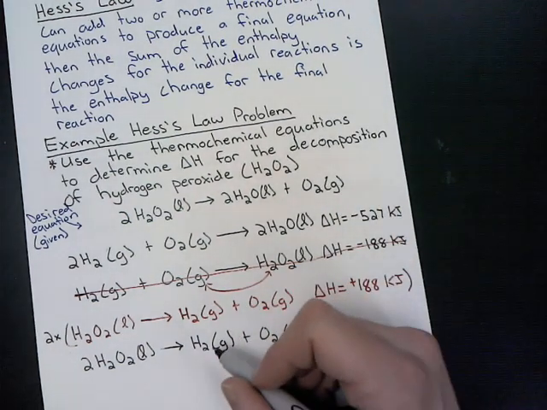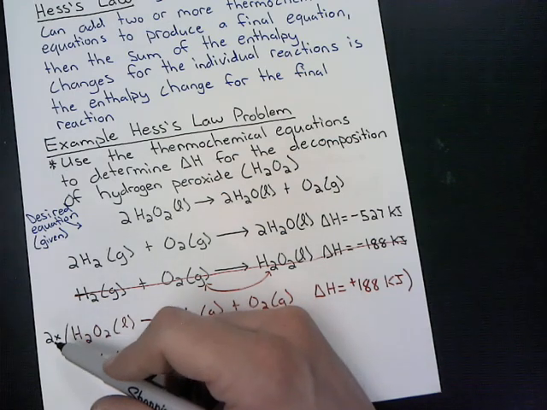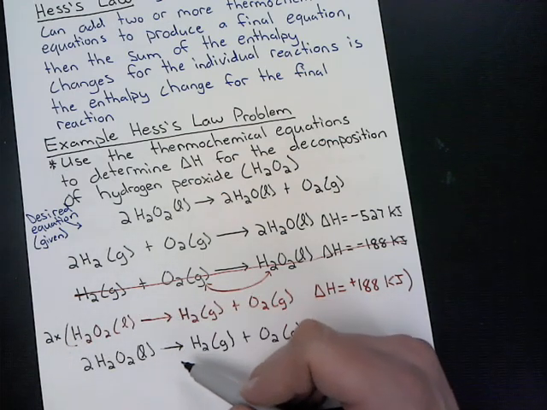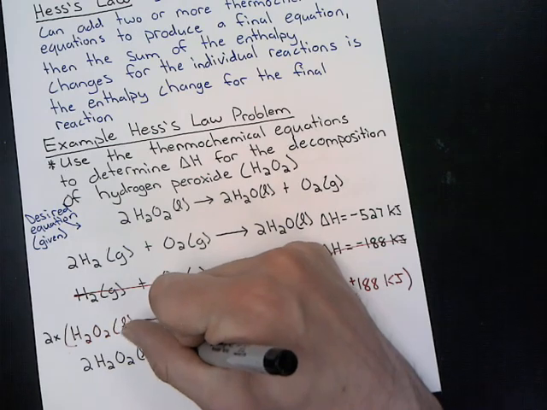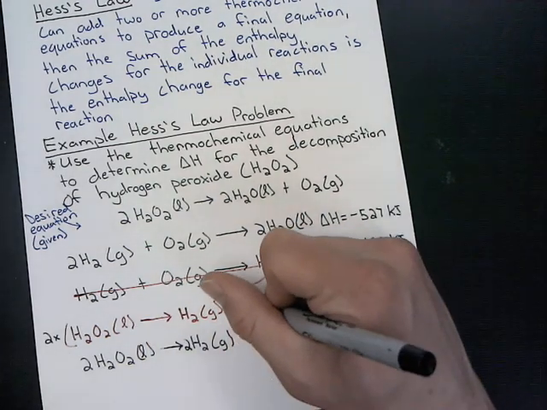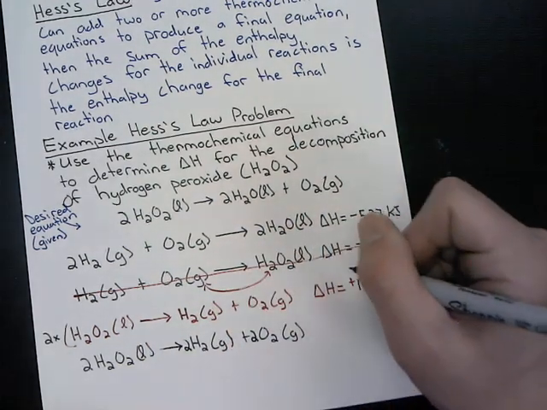Now, I messed up here. We have to multiply everything by 2. So it's not just H2, it is 2H2. And it's not just O2, it is 2O2.